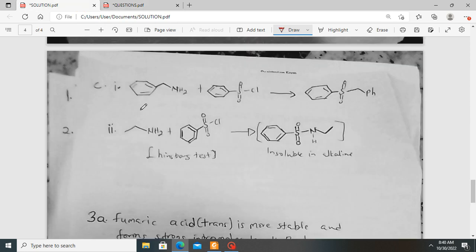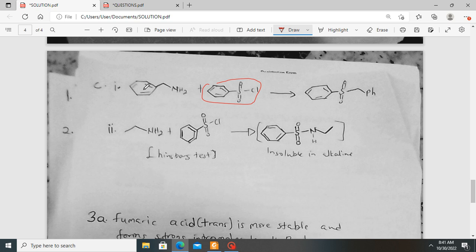The Hinsberg test is treating the amine with benzene sulfonyl chloride. This reagent is called the Hinsberg reagent. When you add this to a primary or secondary amine, you produce an intermediate which is not soluble in alkaline. So if you add benzene sulfonyl chloride to an amine, you produce a benzene sulfonamide, and that compound is not soluble in alkaline. So this test can be used to differentiate between amines and amides.